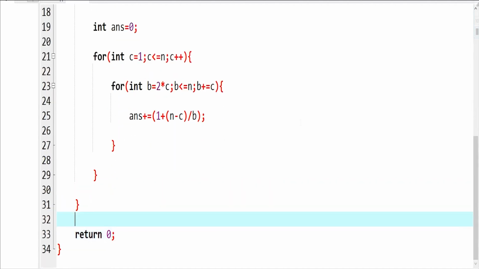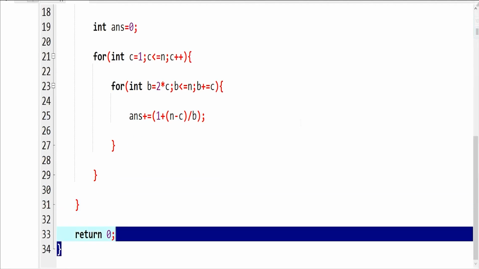Okay, I think that should be the solution. Let's try to submit it.